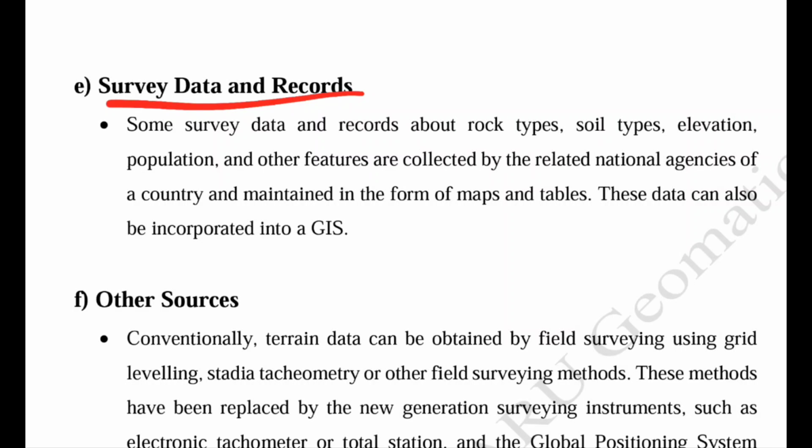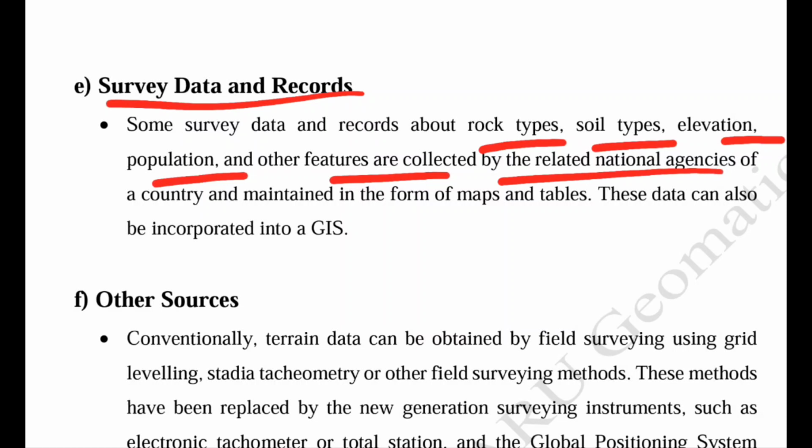As we have done surveys, using instruments like total stations, that data can be directly used in the GIS software for the analysis and for the output. Some survey data and records about rock types, soil types, elevation, population, and other features are collected by the related national agencies of a country and maintained in the form of maps and tables.